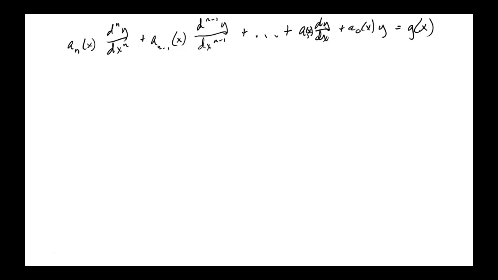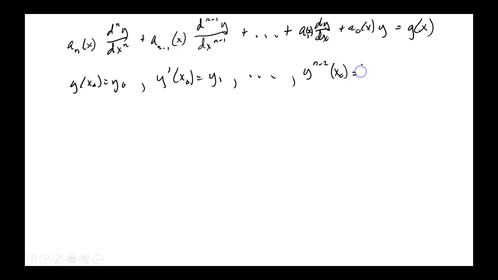So here you're subject to your initial conditions. y of x0 is equal to y0. y prime of x0 is equal to y sub 1, dot, dot, dot, until you get to the n minus second derivative at x sub 0 is equal to y sub n minus 2.